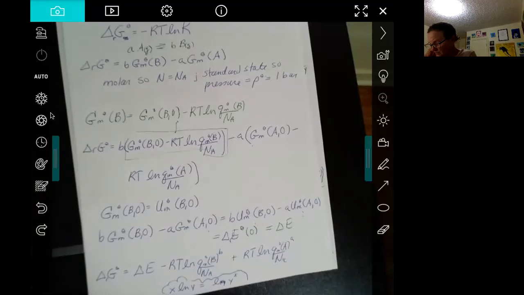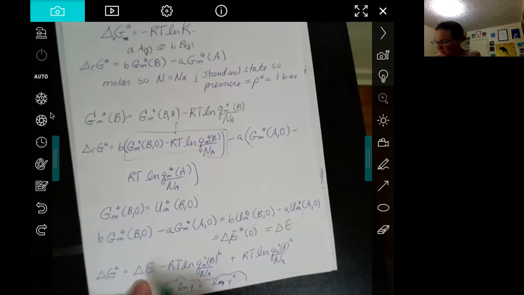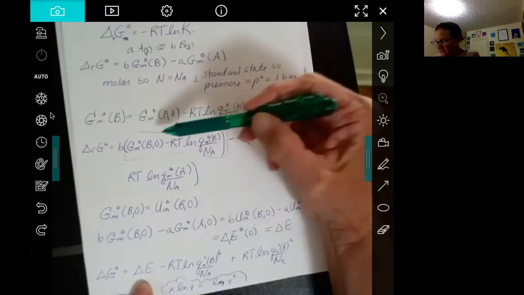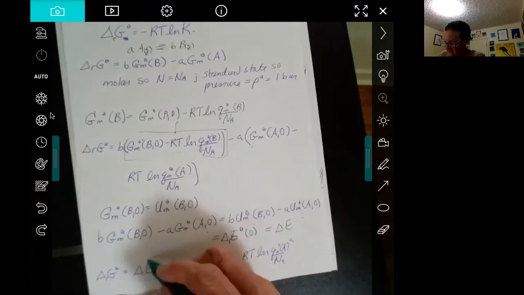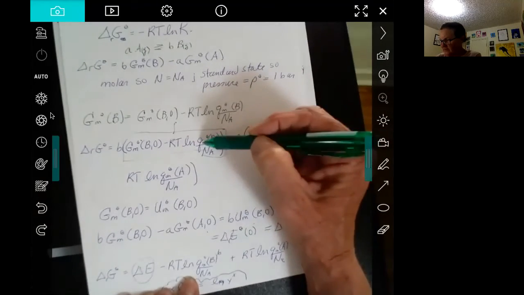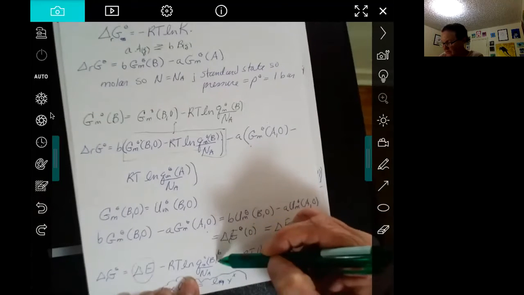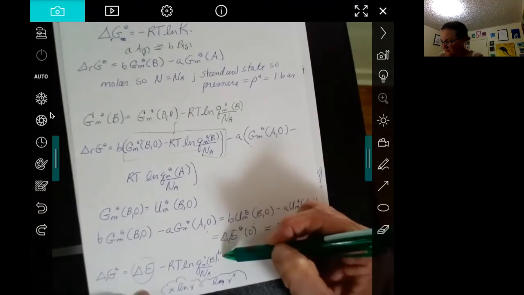So now we want to go from here into how this relates back to the equilibrium constant. Where we saw the difference in the zero point energies, this term minus this term is now delta E. And then we have the negative RT ln of the partition function of B over NA raised to the stoichiometric coefficient.